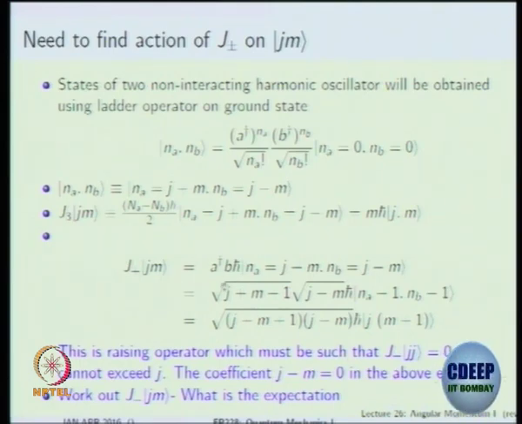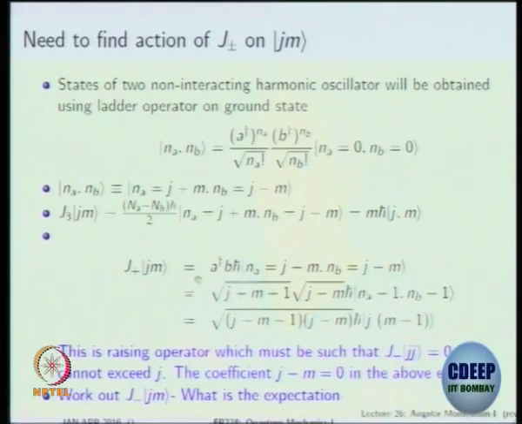J plus is nothing but A dagger B h cross. That's the representation in terms of the harmonic oscillator operators, the J plus that was my first slide in the Schwinger method. But you know how the B operates, how the A operates. So, let's do this.